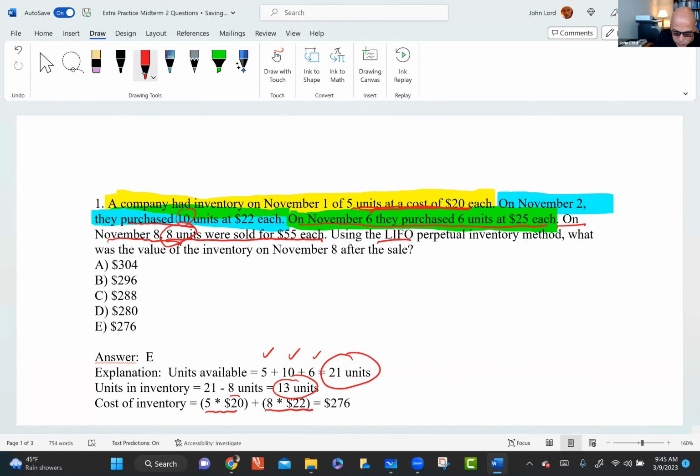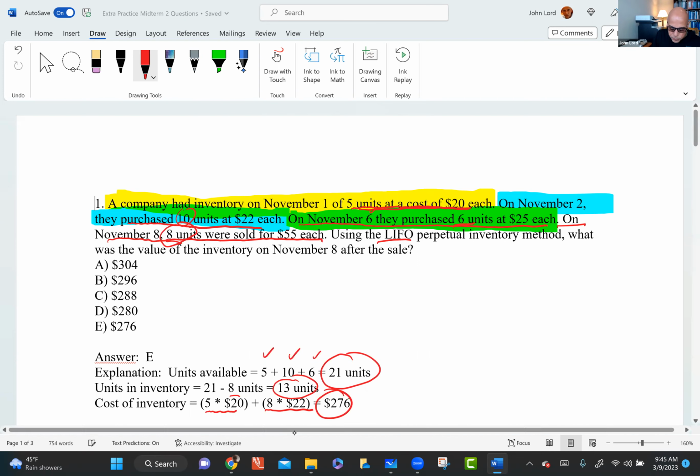Those are the ones that are sitting there that we purchased on November 2nd. The ones that we purchased on November 6th, we sold all of those, right?